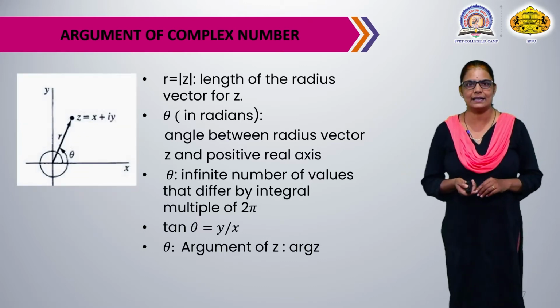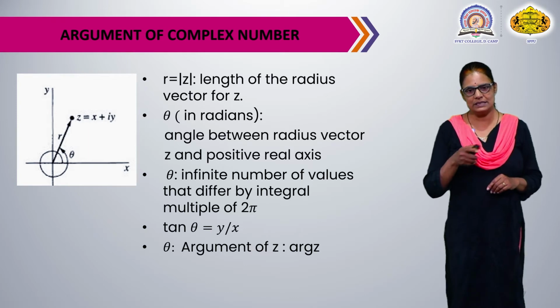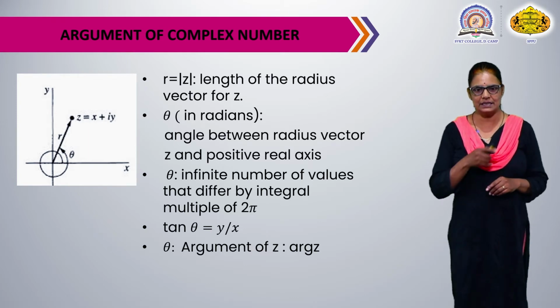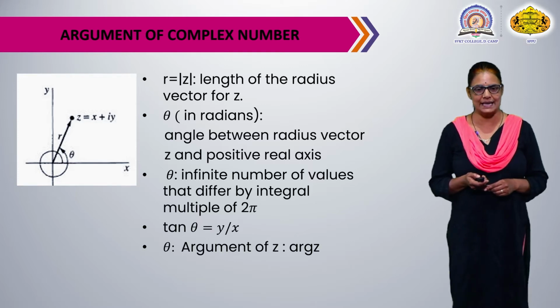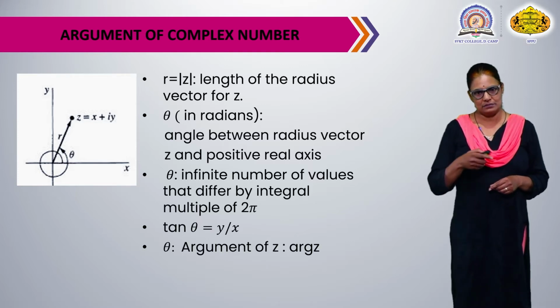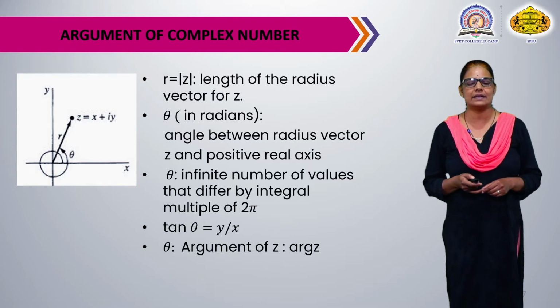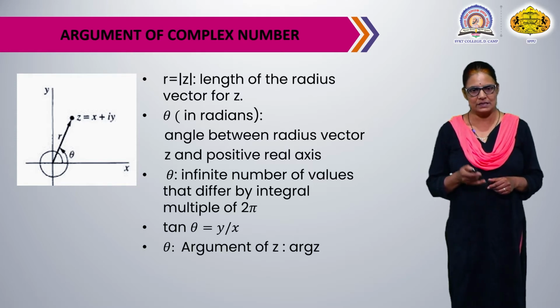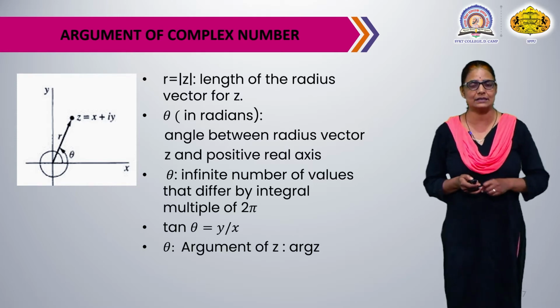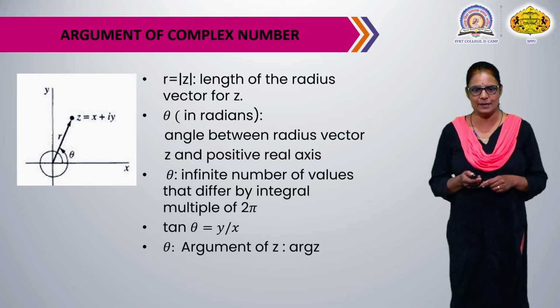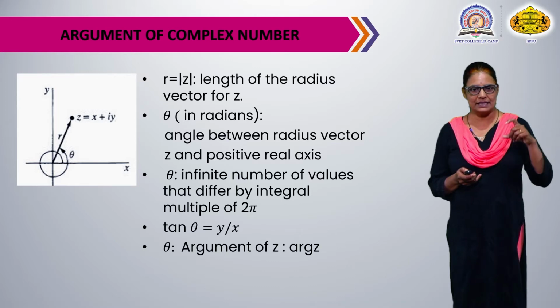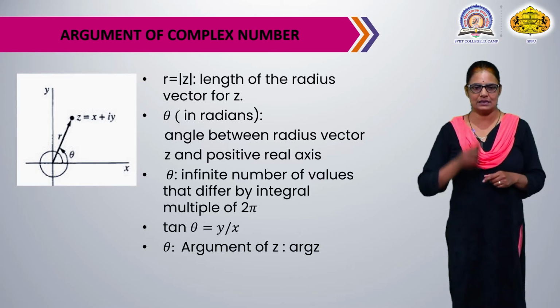See in the diagram, this is a complex plane. Here the x axis is the real axis and the y axis is the imaginary axis. The radius vector is z, whose tip represents the complex number z equals x plus iy, and the length of the radius vector is r, as seen in the figure.